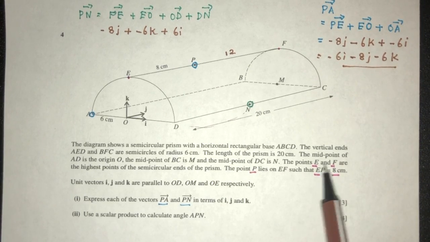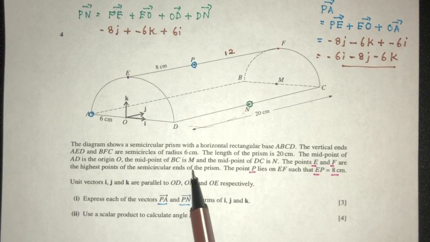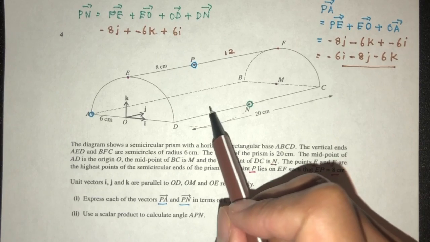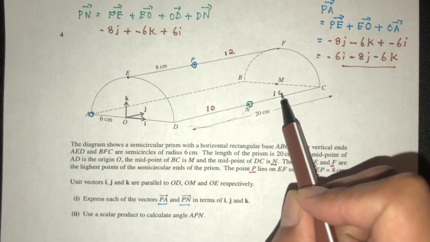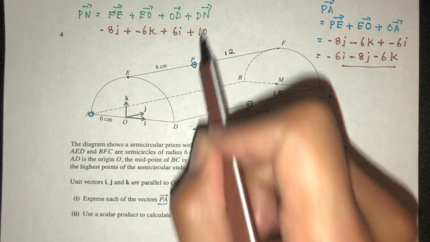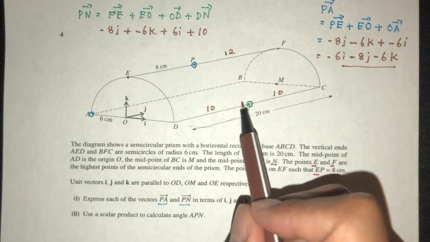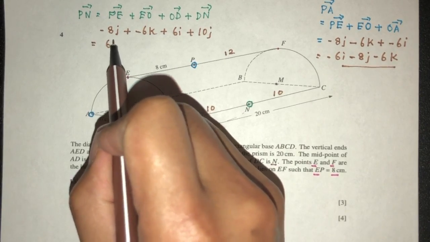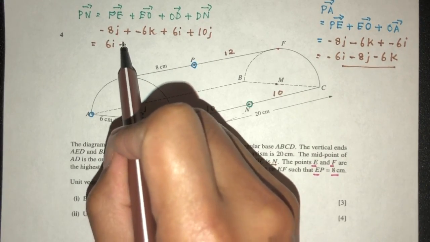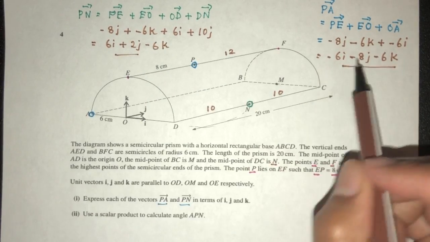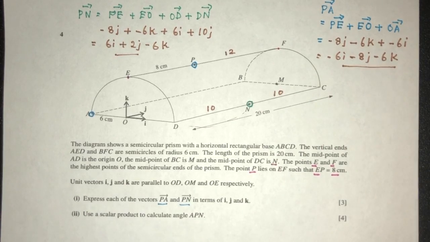So the midpoint is N, which means this is 10, and this has to be 10. So D to N will have a value of 10, in this direction, which is J. Simplify, and you will have 6I, 10 minus 8 will be plus 2J, and minus 6K. So these will be the values of PN and PA for part 1 of your question.